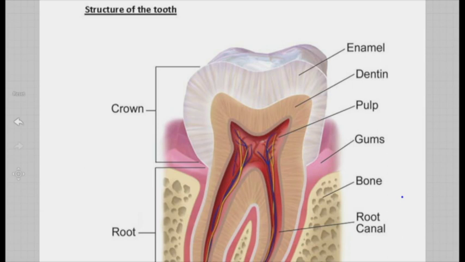At the top is the enamel. The enamel is the outer covering of the tooth, and it's very hard, for it protects all there is inside. By inside I'm referring to the dentine and the pulp, the blood capillaries. So all that is protected by the enamel. That's why it is very hard. The way it's made is such that it protects all that is inside.